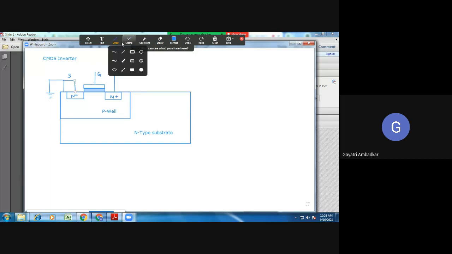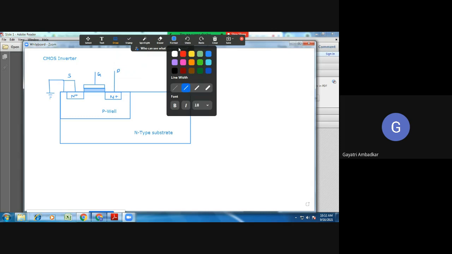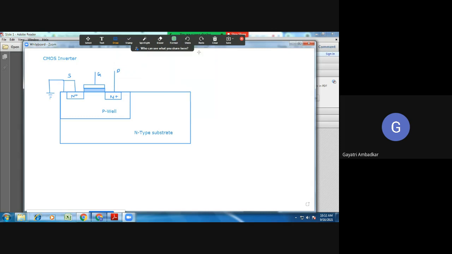So this is my NMOS ready. This portion actually is indicating N MOSFET.